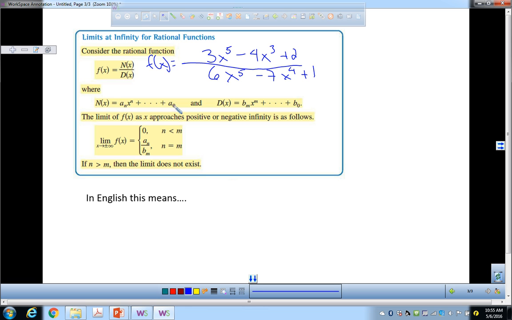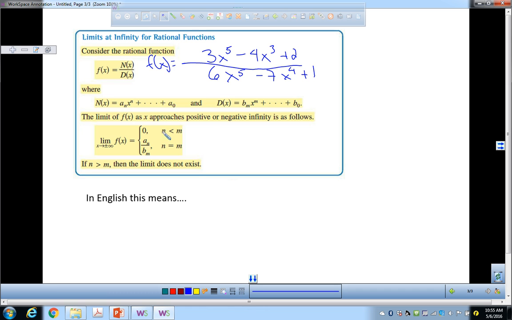Where this is a polynomial function, meaning you can't have any fractional exponents or negative exponents or anything like that. And this is a rational function. And the limit as x approaches negative infinity is as follows. And this is exactly the same as the rules for asymptotes.